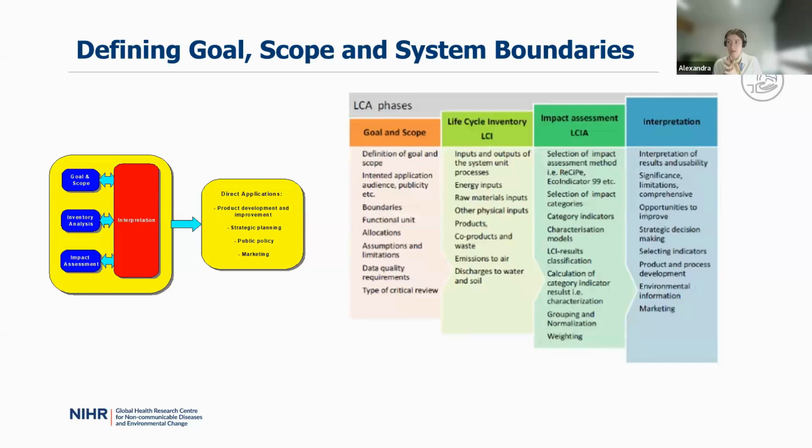And the direct and most important, and I think the most relevant applications for us, are product development and improvement. In this case, what we mean as interventions is selecting certain products or services over others and justifying why based on data that we have collected. Planning strategically, so seeing what the current weak links are in, let's say, a distribution system or in a service that can be provided, whether that's public health service or food service or water treatment service.